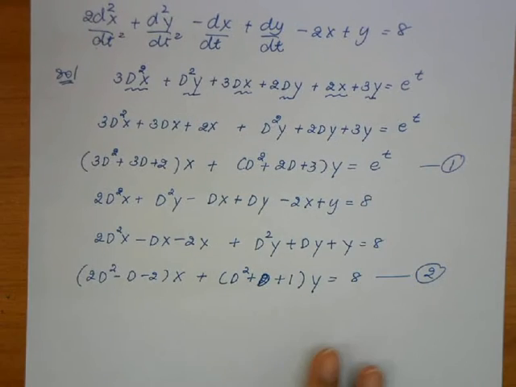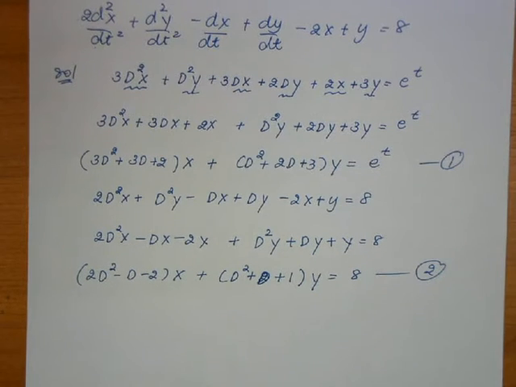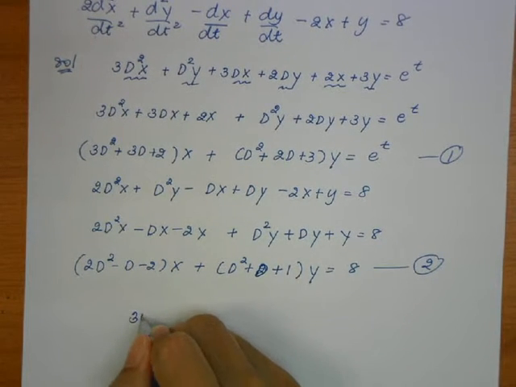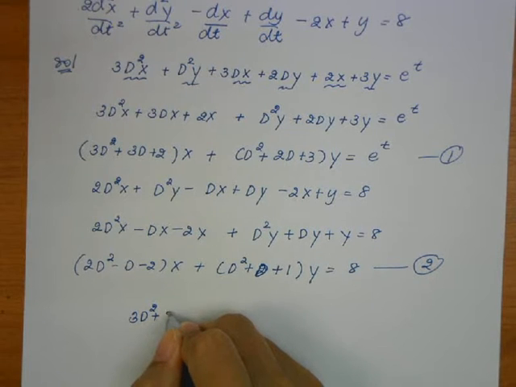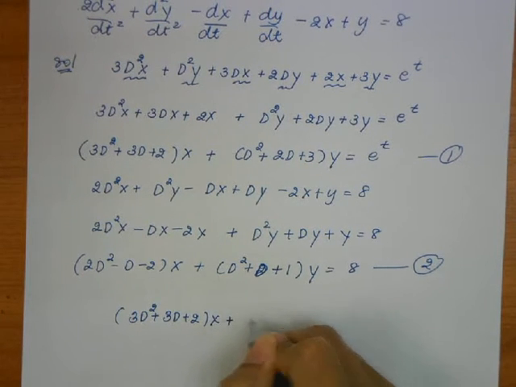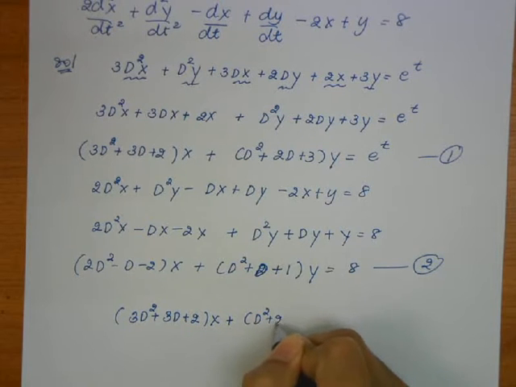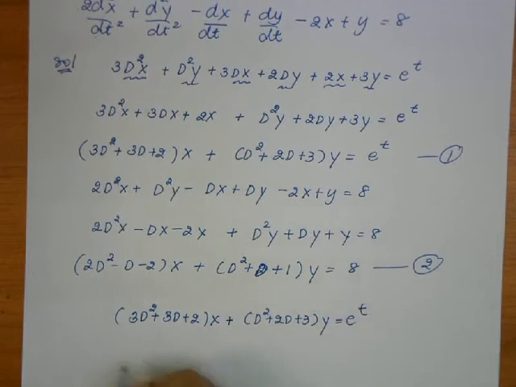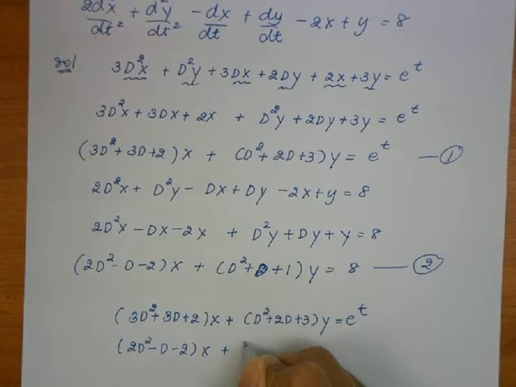If you feel like equations 1 and 2 are so far away, you can rewrite them down again to make you feel better that you won't mess it up. And then we can use Cramer's rule to find x and y.